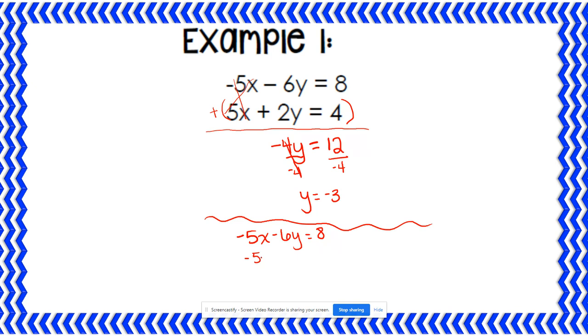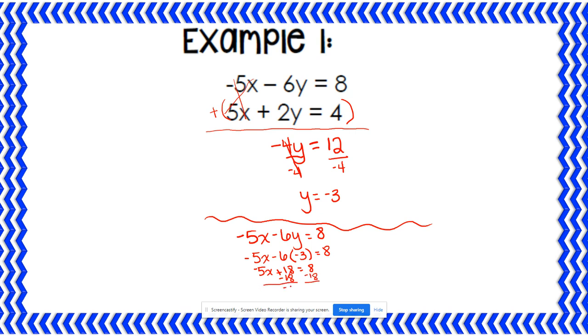So this is negative 5x minus 6 times y, but I'm going to use negative 3 for y, equals 8. I've got to simplify, so negative 5x, then negative 6 times negative 3 is positive 18, so I'll write plus 18 equals 8. To get x by itself, I'm going to subtract 18 from both sides.